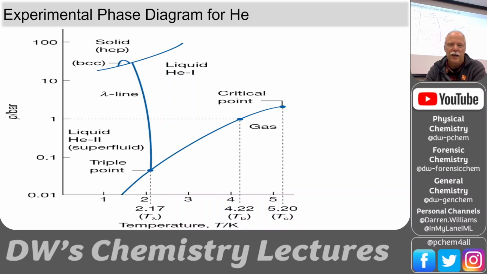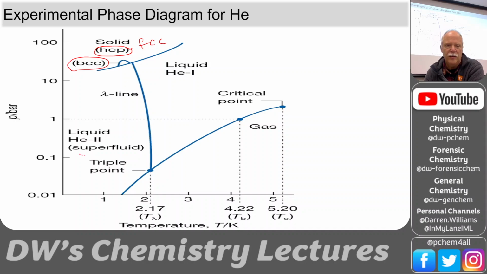Here's the experimental phase diagram for helium, and this is kind of nice because it shows the two crystal structures for helium, body-centered cubic and hexagonal close pack, which is also face-centered cubic, FCC. So you can see there the distinct crystal structures that you would have for the two solid phases for helium.